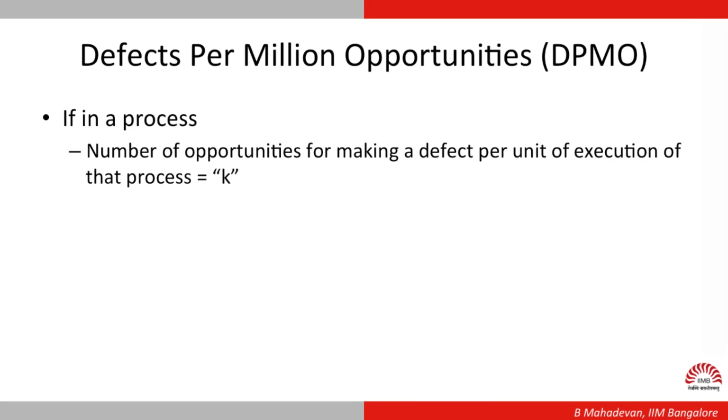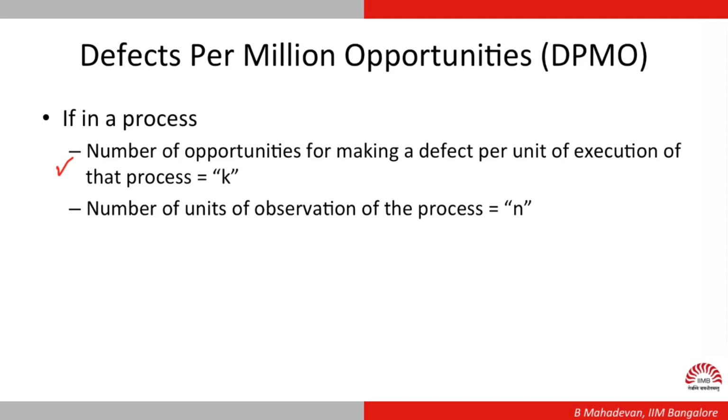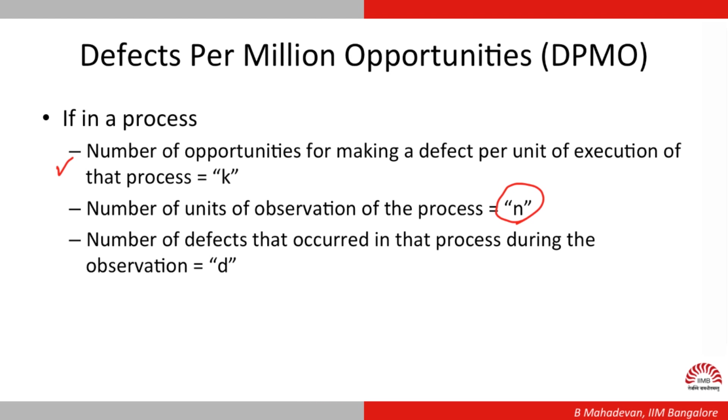Let us now look at the measure defects per million opportunities. So, if in a process, let us say the number of opportunities for making a defect per unit of execution of that process, let us call it k. Let the number of units of observations of the process be n, and the number of defects that occurred in that process during the observation is d. In other words, we observe n times, we actually found d defects.